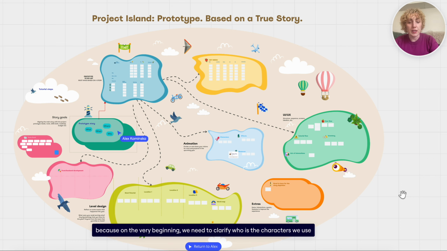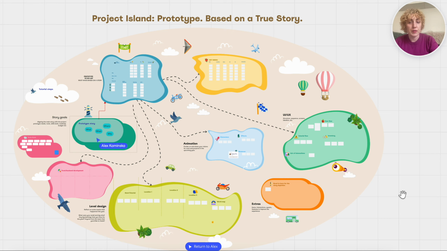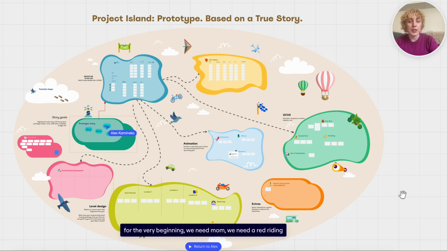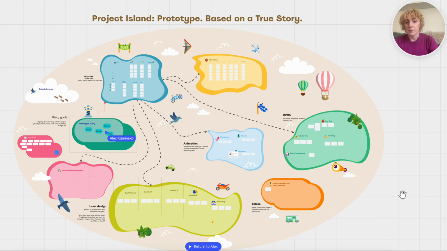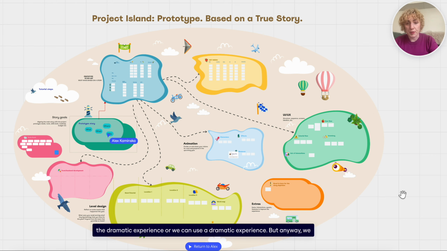Because at the very beginning, we need to clarify which characters we use. For the very beginning, we need mom, we need Red Riding Hood, we need the stuff she uses, and the wolf will be revealed closer to the mid part of the game, because initially the travel starts without the dramatic experience.